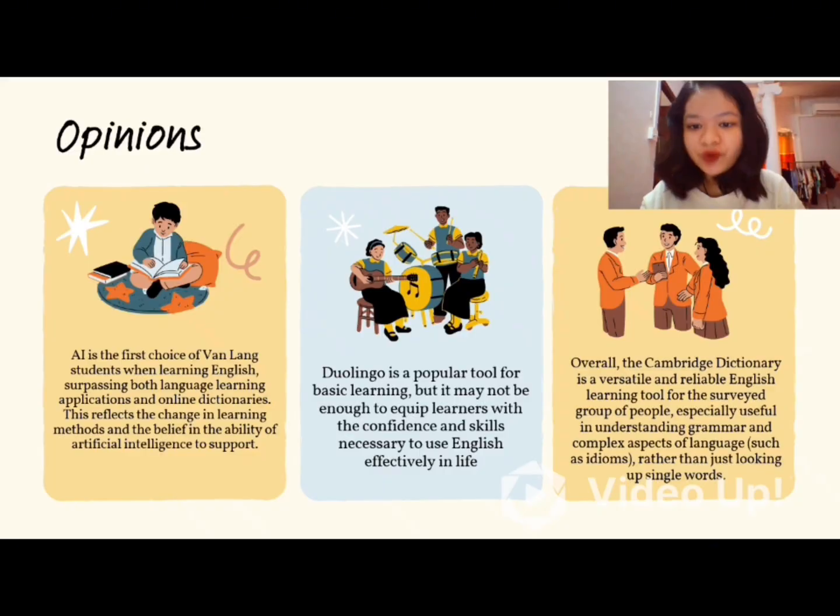Third, overall, the Cambridge Dictionary is a versatile and reliable English learning tool for the surveyed group, especially useful in understanding grammar and complex aspects of learning, such as idioms, rather than just looking up single words.